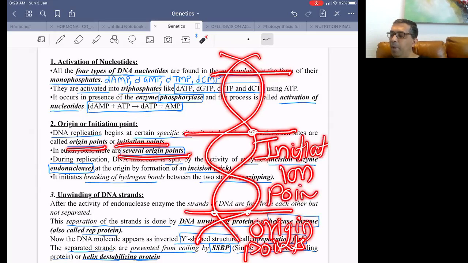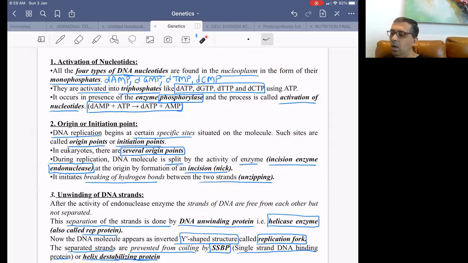So there are multiple such points in the DNA, and at the origin points, the DNA is cut by an enzyme called incision enzyme or endonuclease, by forming an incision nick, and it starts the breaking of the hydrogen bonds and unzipping.